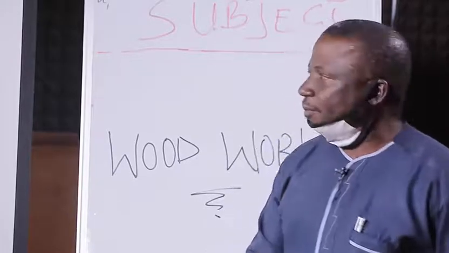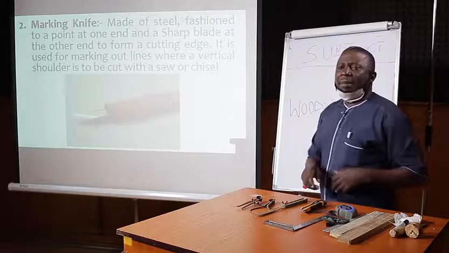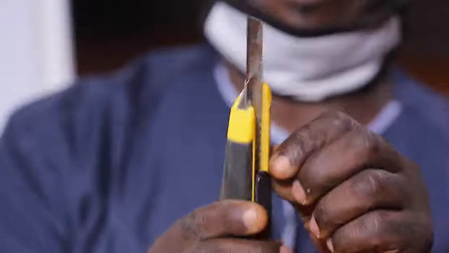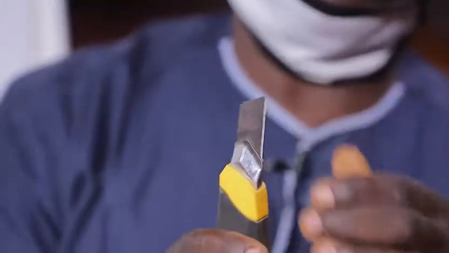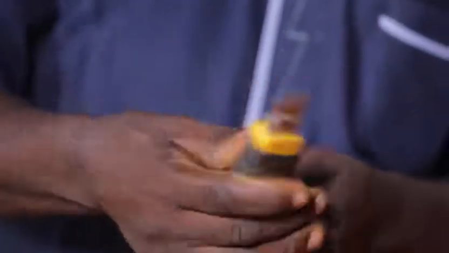Now the next one is the marking knife. The marking knife is what I have here. The blade is made of metal. Sometimes it comes with a wooden handle or a plastic handle.